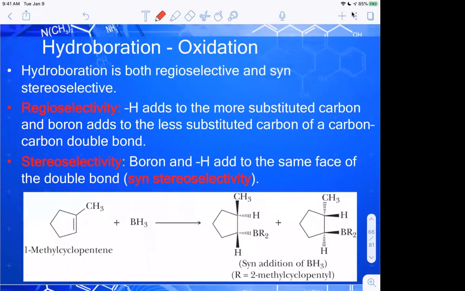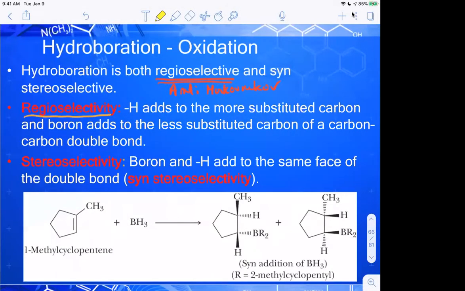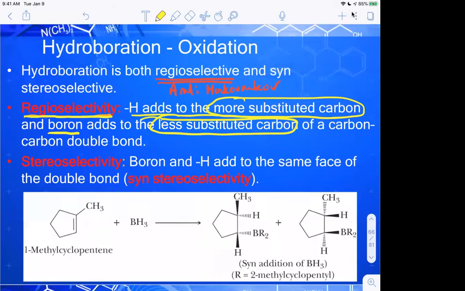Hydroboration is regioselective. Remember, it's anti-Markovnikov. So when I think about the regioselectivity, hydrogen is adding to the more substituted carbon, and then the boron adds to the less substituted carbon.